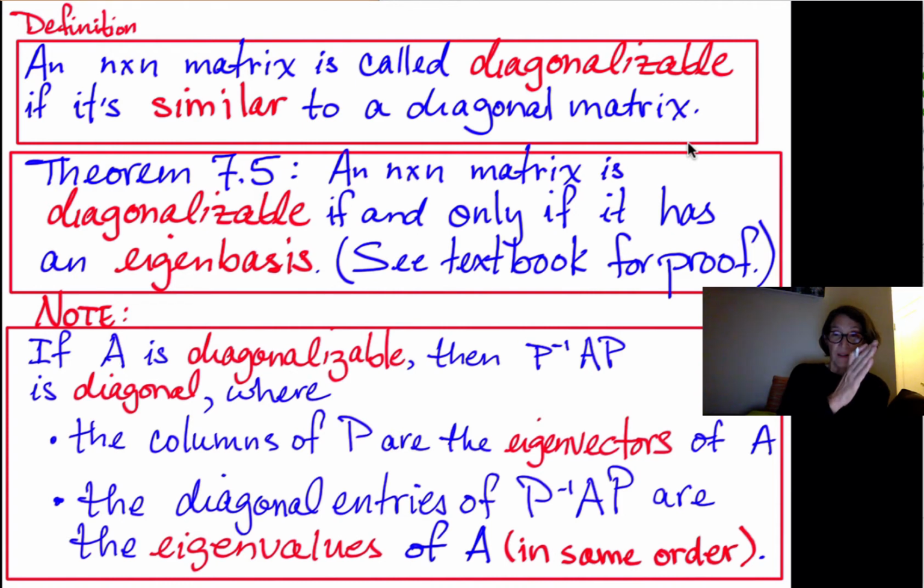So the columns of P are x1, x2, up to xn, the eigenvectors. Then the diagonal entries of P inverse AP are lambda 1, lambda 2, down to lambda n. All right, let's see how to use this.